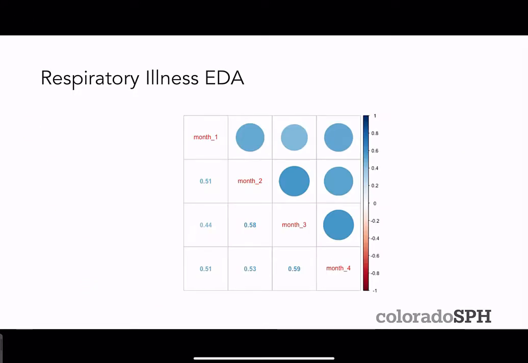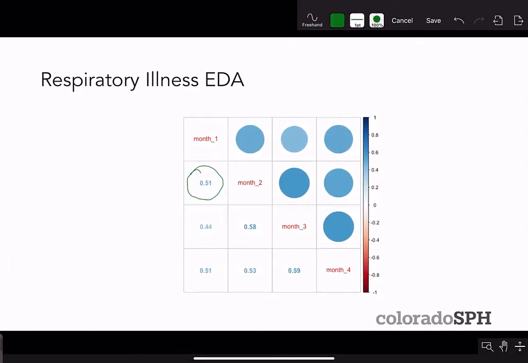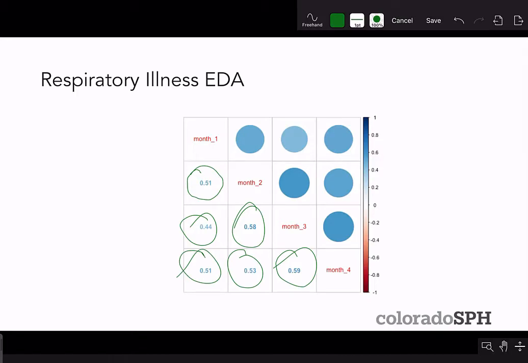And what you see from this plot is the correlation between month 1 and month 2, between 2 and 3, between 3 and 4, between 2 and 4. You can see that the correlations hover around 0.4 to 0.6, and they don't seem to be decreasing that much in time.